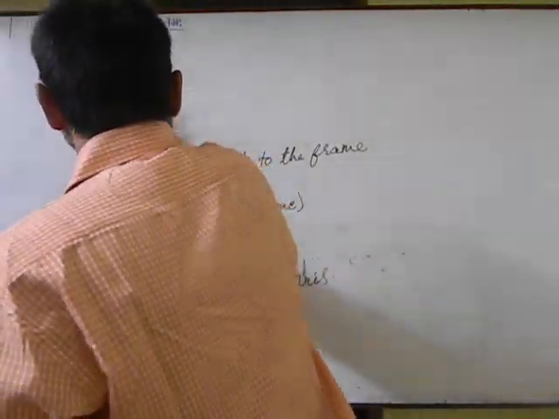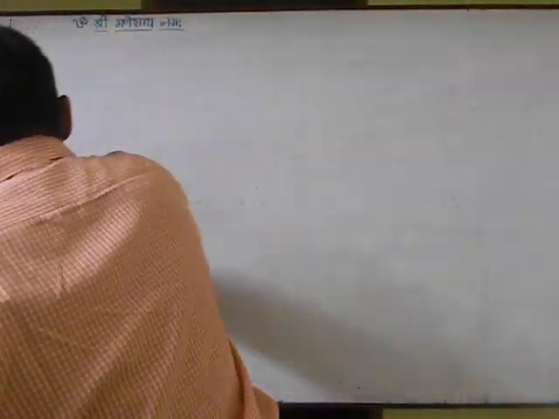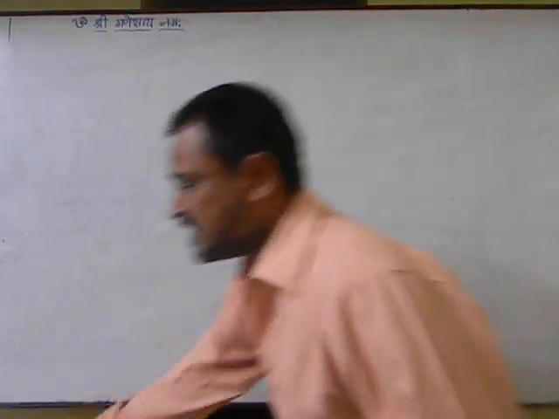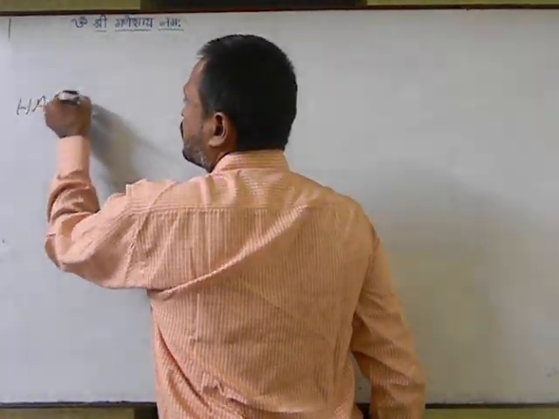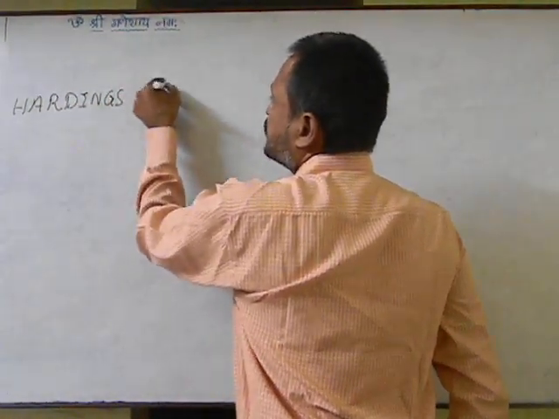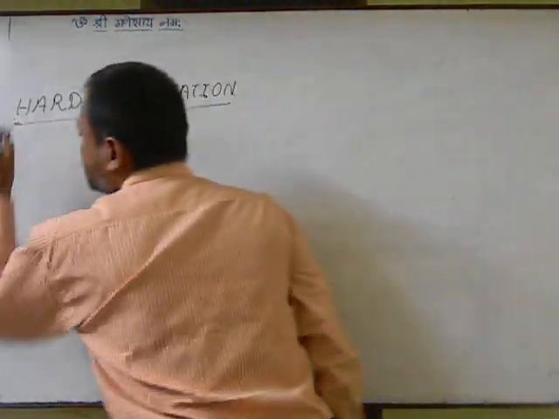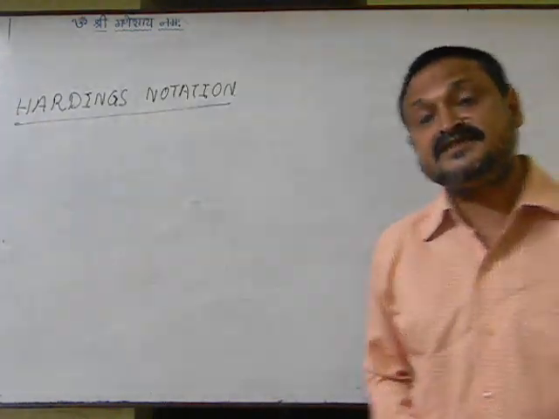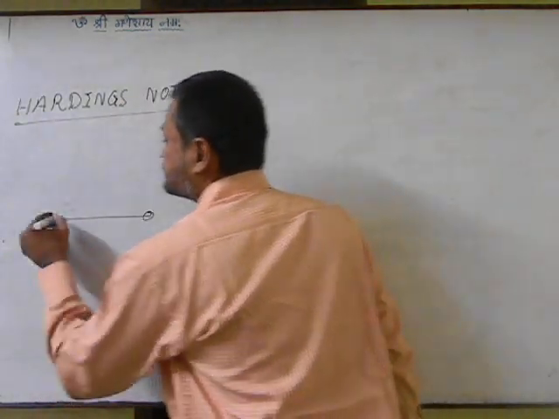Now in relation to these, there is another thing which is also called Harding's notation. This Harding's notation is talking about the same thing, the existence of a crank in a system.